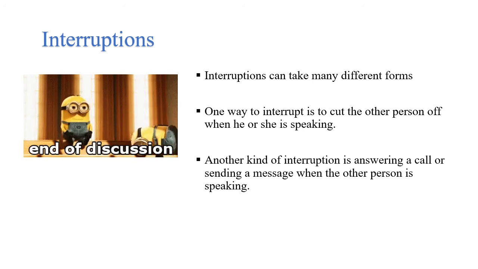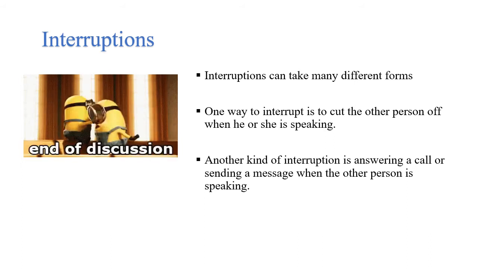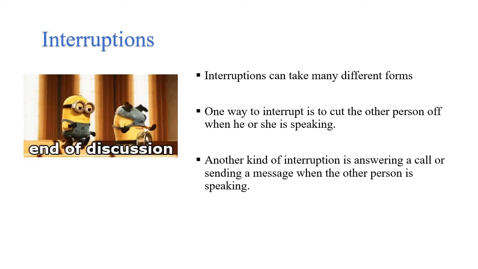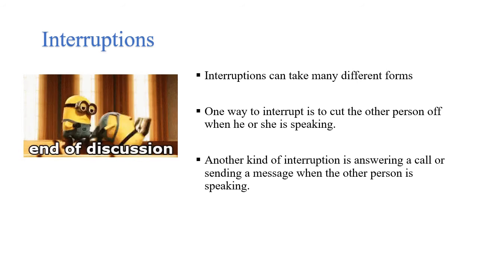Interruptions can happen during conversation in many different forms. One way to interrupt is to cut the other person off when he or she is speaking. Another kind of interruption is answering a call or sending a message when the other person is speaking.